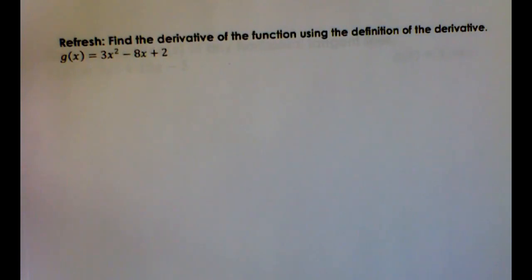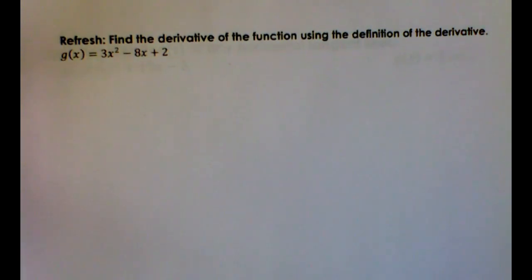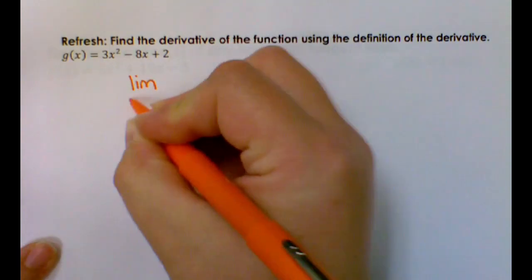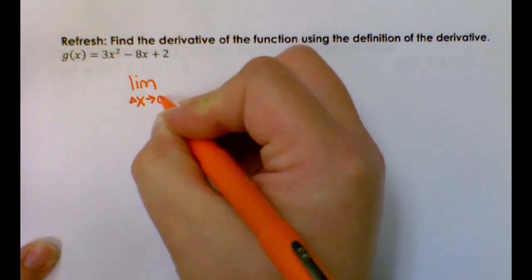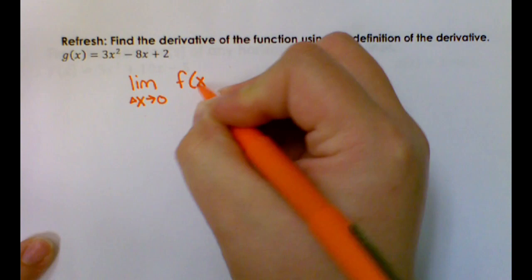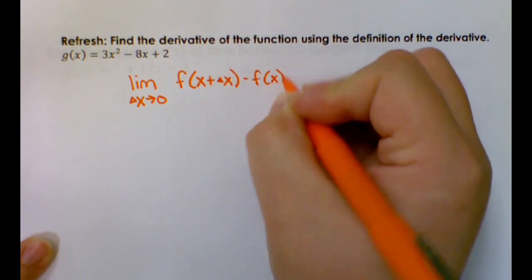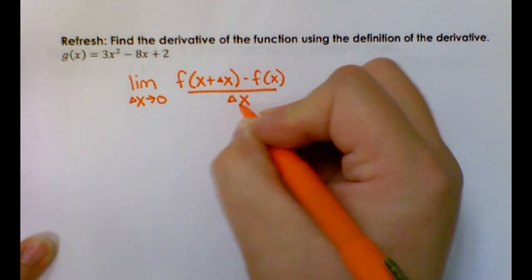Now we're going to find the derivative of the function using the definition of the derivative. So even though we have shortcuts now, we still have to be able to use the definition of the derivative. Remember, that definition means the limit as delta x approaches 0 of f of x plus delta x minus f of x all over delta x.